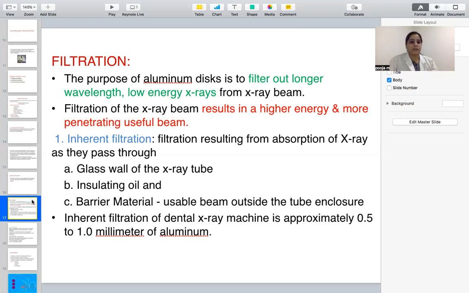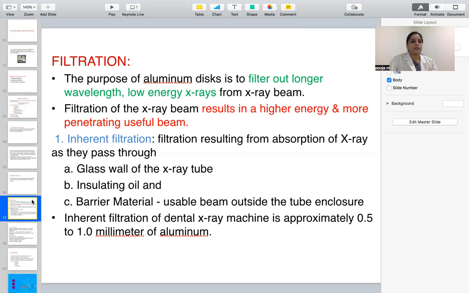So there are mainly three types of filtration, that is inherent, added, and total. So what is inherent filtration? Inherent filtration is the filtration which takes place within the glass wall of an X-ray tube, the insulating oil and the barrier material, until it exits as a useful beam outside the tube enclosure.